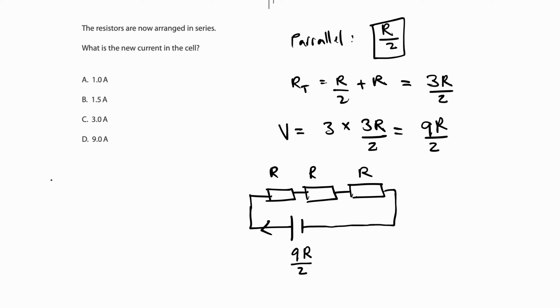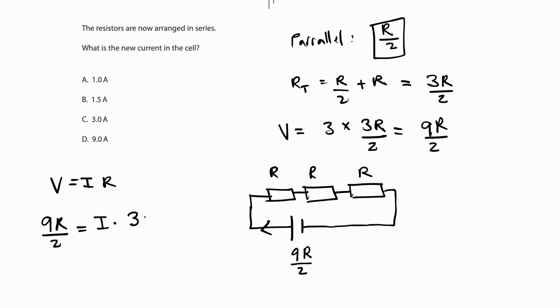Now using V is equal to IR, I can calculate the current. I can say 9R over 2 is equal to I, which is what I want to find out, times the total resistance of this new circuit, which is R plus R plus R, because it's all in series, it's simply the sum.